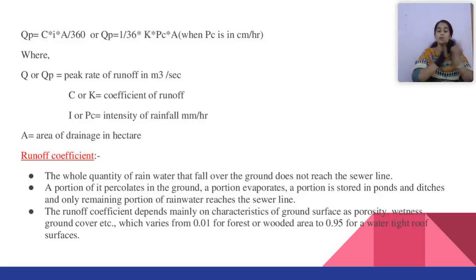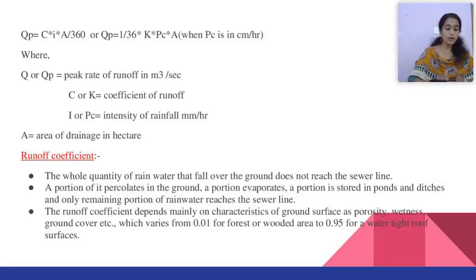That is, in a particular catchment area, the total rainwater that falls during rainfall will not reach the sewer line due to the surface conditions, that is the vegetation conditions, the absorption of soil, the types of soil strata, and physical conditions of the soil, and the temperature in that area also affects the runoff to the sewer line.